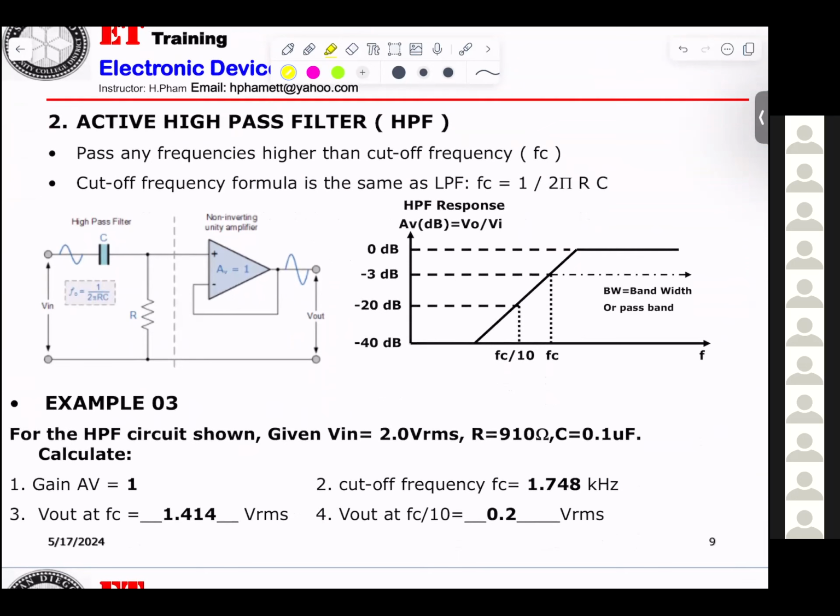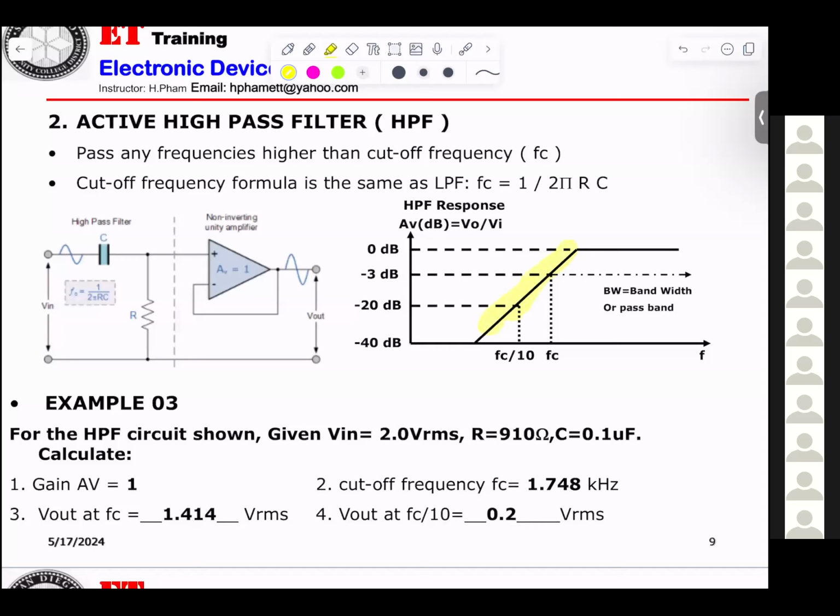Active high pass filter. Low pass, they pass any signal lower than cutoff frequency. High pass, opposite. They pass signal higher than the cutoff frequency.